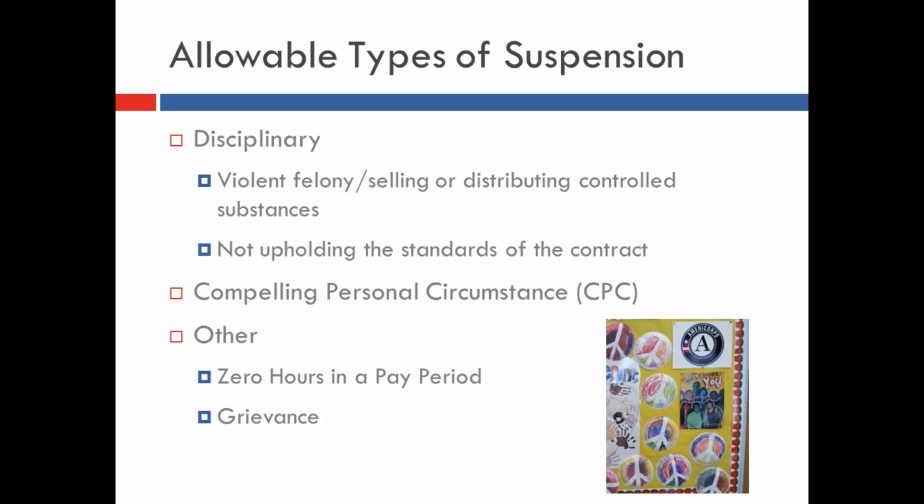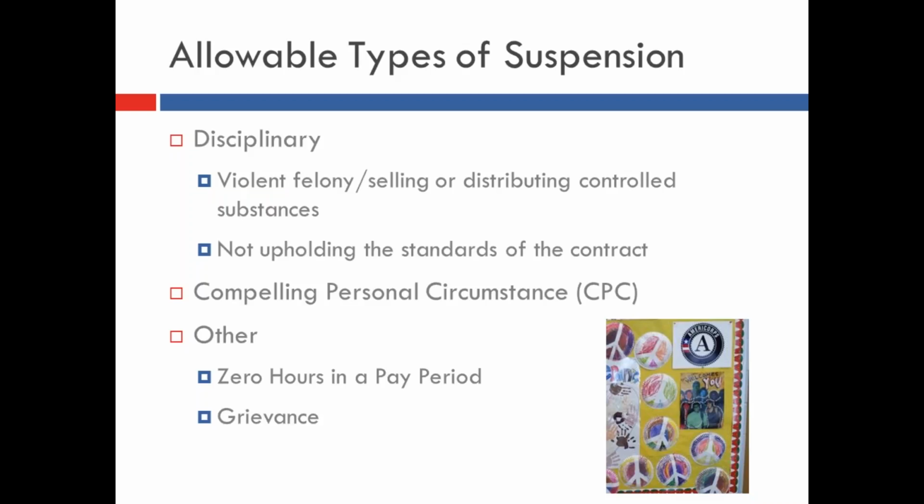For disciplinary suspensions, the programs must suspend members facing official charges for violent felonies or for selling or distributing controlled substances. Also, members that are convicted of possession of controlled substances are required to be suspended for disciplinary purposes. Eventually, this member can be reinstated into service if they're eventually found not guilty or those charges are dismissed.